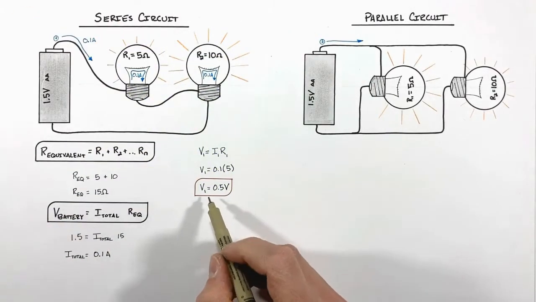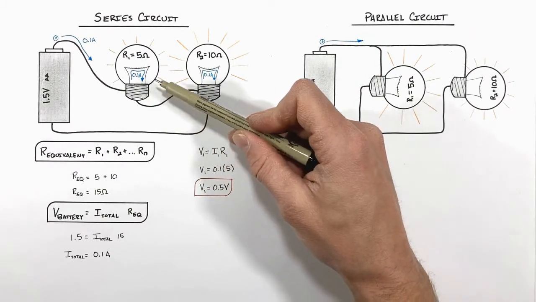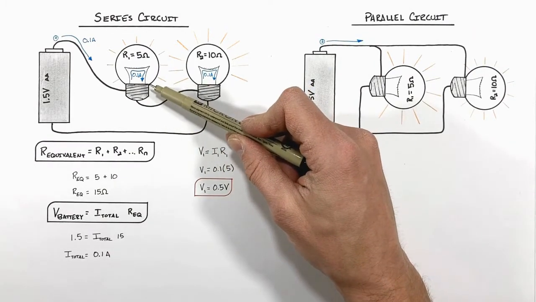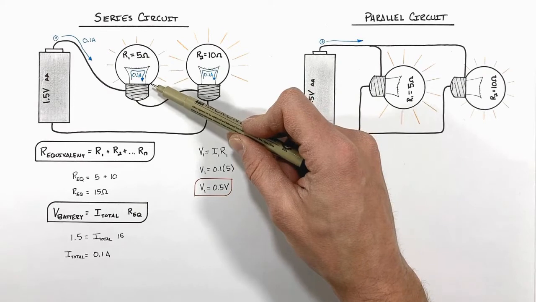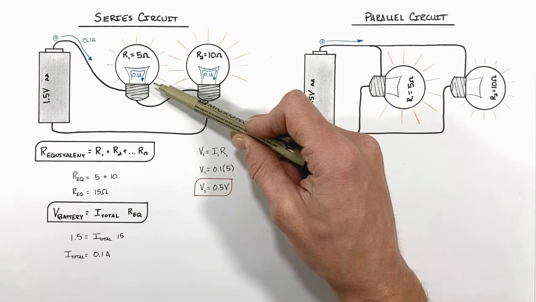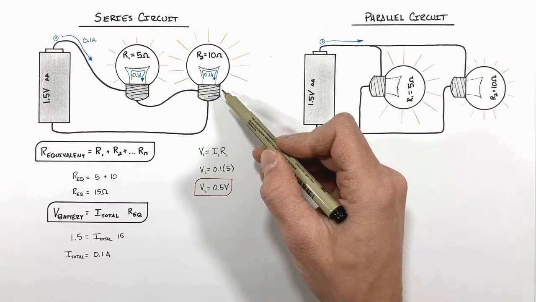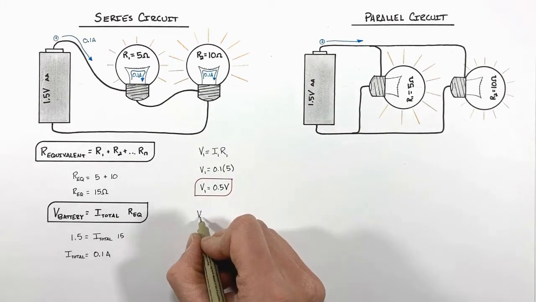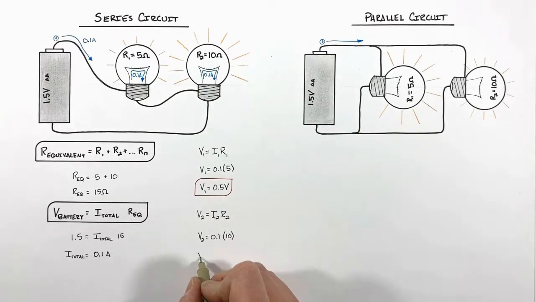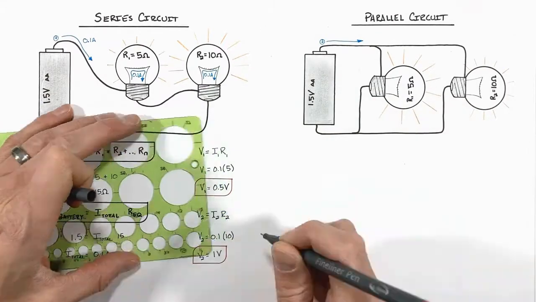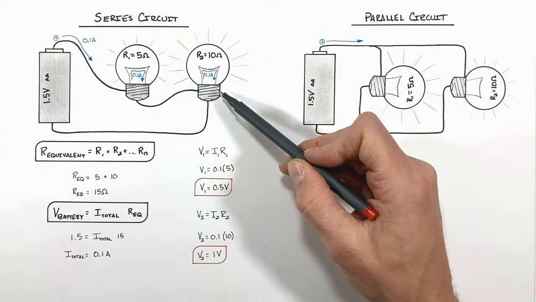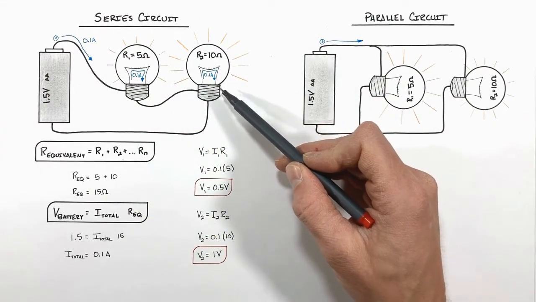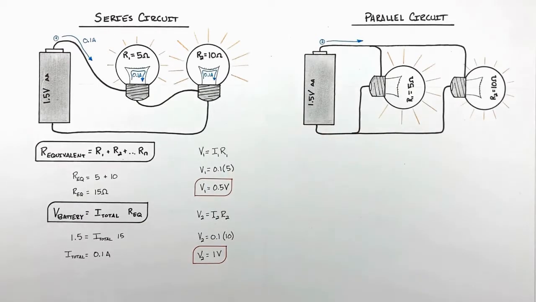And we find the voltage drop across this resistor is 0.5 volts. That is to say, it's using up a half of a volt of electric potential. Doing the same thing for the second bulb, we find the potential drop, or the electric potential used up in this bulb, is 1 volt.